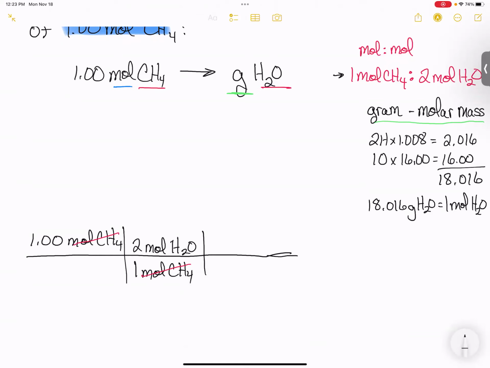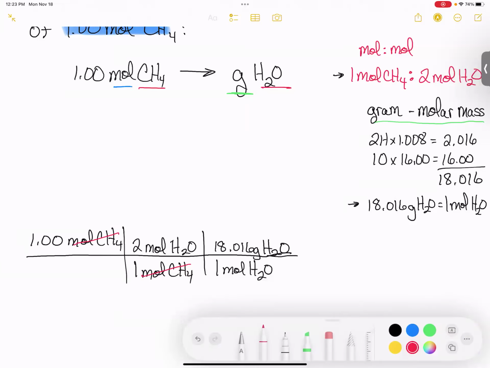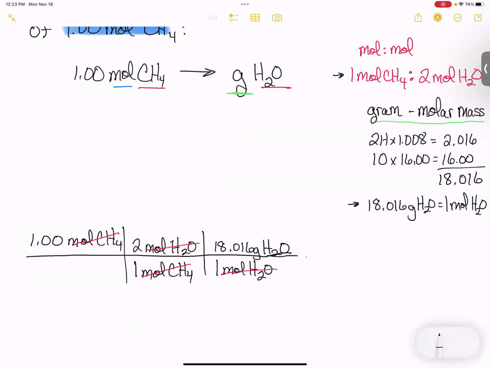The next thing I need is something with moles of water, and I can't use mole to mole again. So I'm going to use the molar mass. The 1 mole of water will go in the denominator, and the 18.016 grams of water will go into the numerator. The mole of water had to go in the denominator so that the unit and the substance canceled, leaving grams of water.